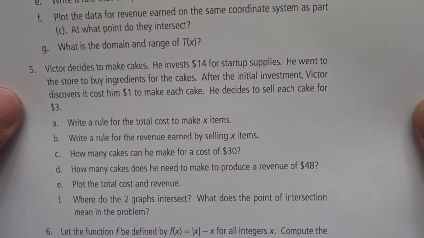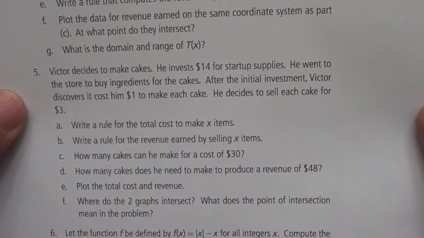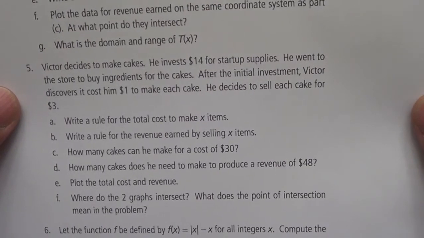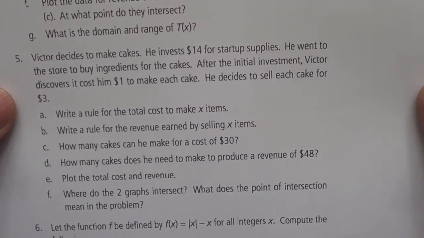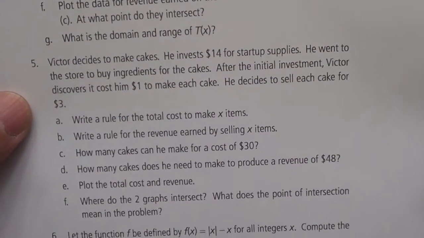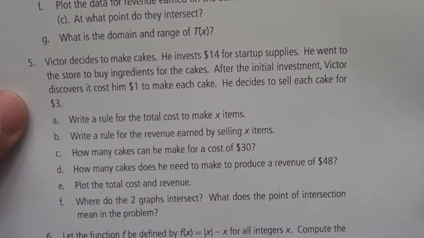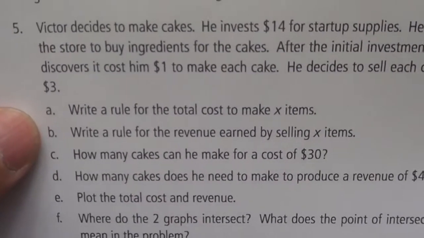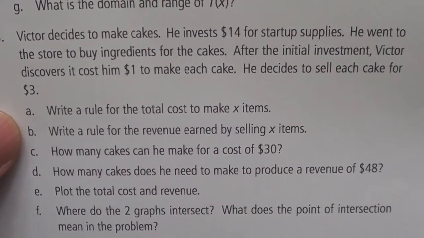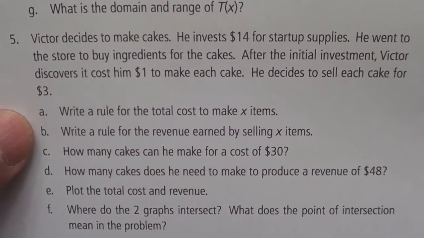And then his $1 per cake is his variable cost, meaning it's going to depend on how many cakes he makes. The last part of the question tells us that he's going to sell each cake for $3.